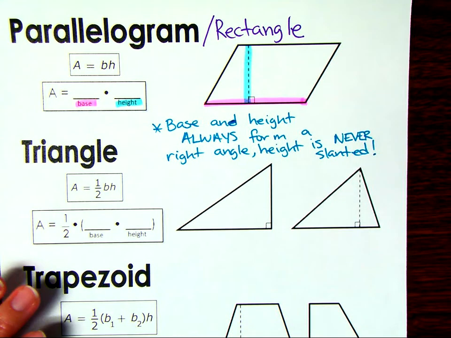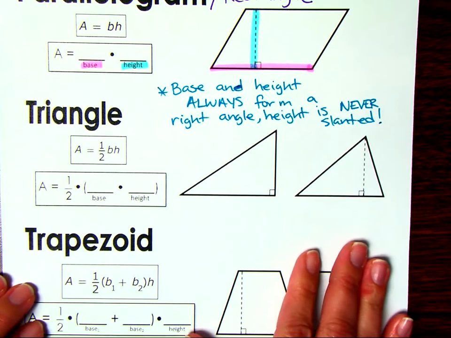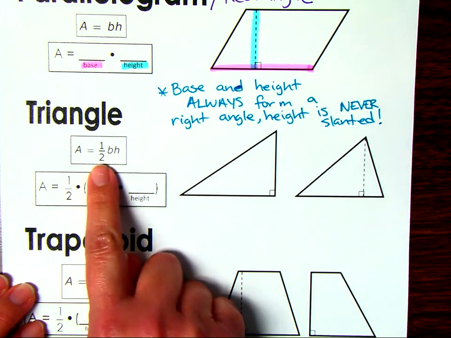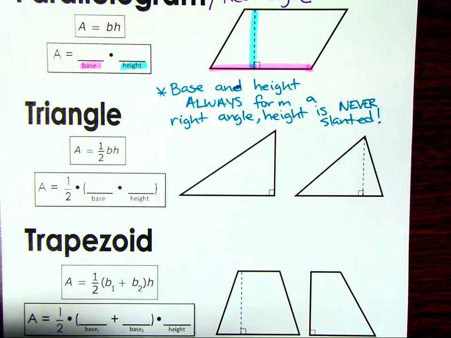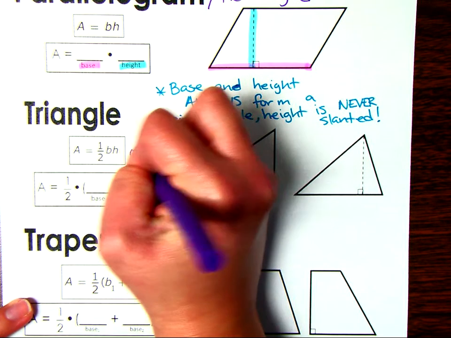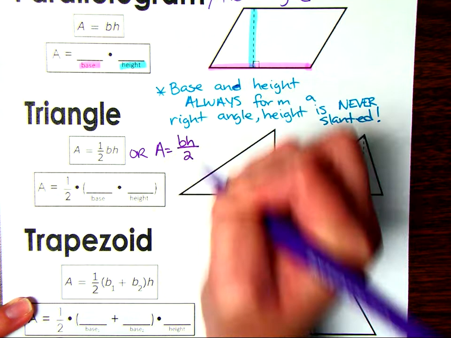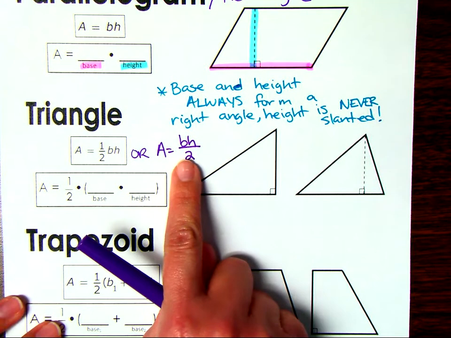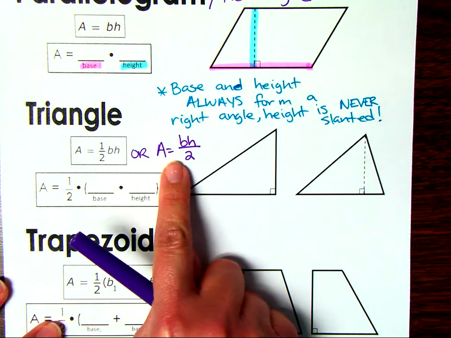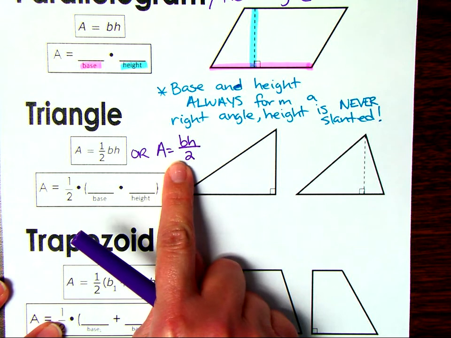Okay? So then we can take a triangle and we have a different formula, half base times height, or you could actually rewrite this. When I multiply by 1/2, that's the same thing as dividing by 2. So you won't see this on your math chart, but if you want to rewrite that and start memorizing it, that will help you out. Okay?